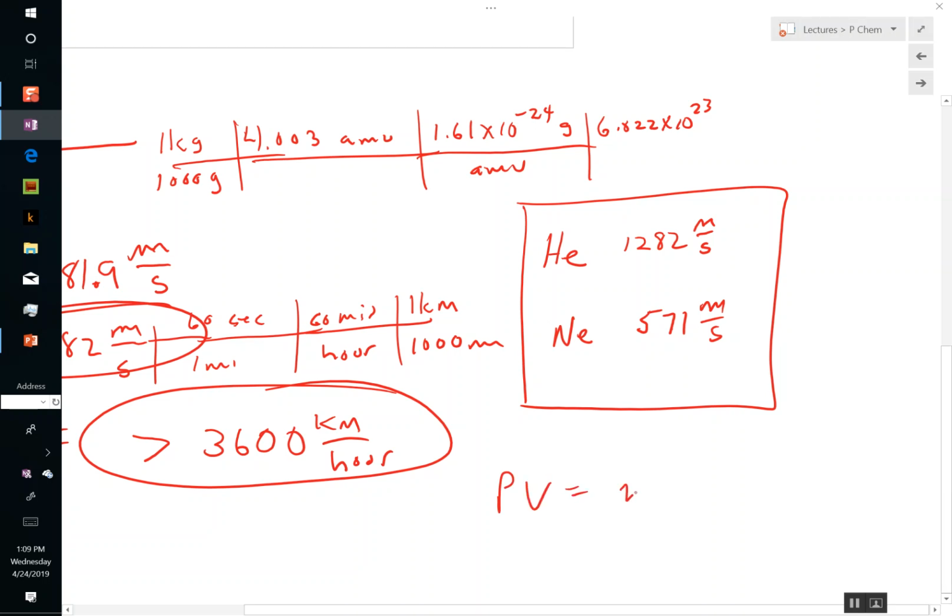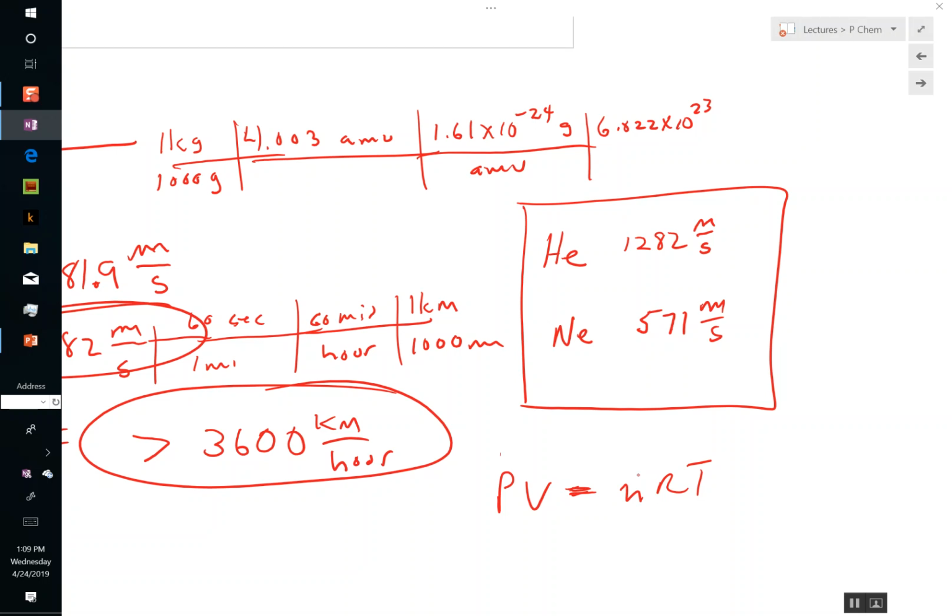PV equals nRT. It's got the same pressure, the same volume, so it's going to come down to the same moles of each of these gases.